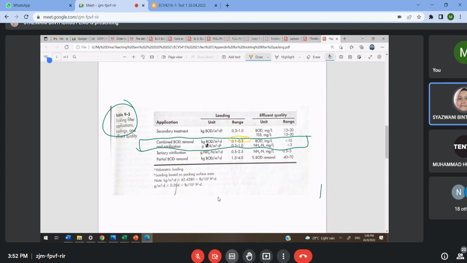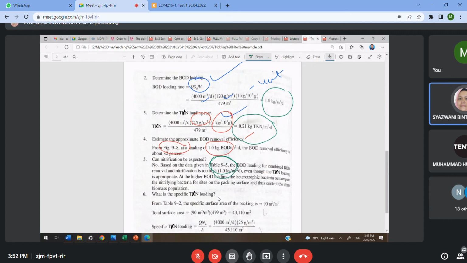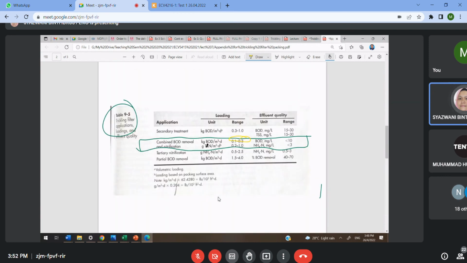Then we check for total nitrogen. The value that you calculated is 0.21, and it does fall within this range. Because the top one is BOD, the bottom one is for nitrification, for total nitrogen.